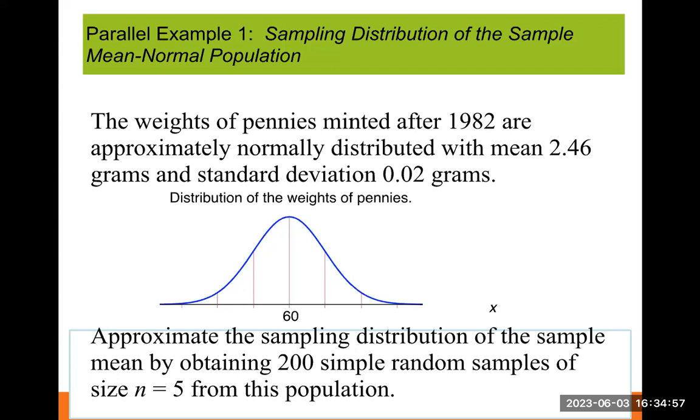Okay. Approximate the sampling distribution of the sample mean by obtaining 200 simple random samples of size 5 from this population.